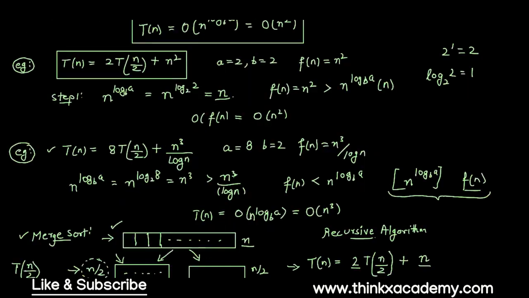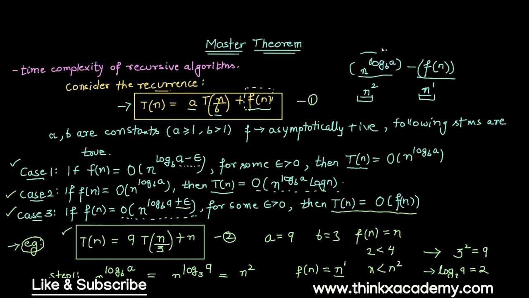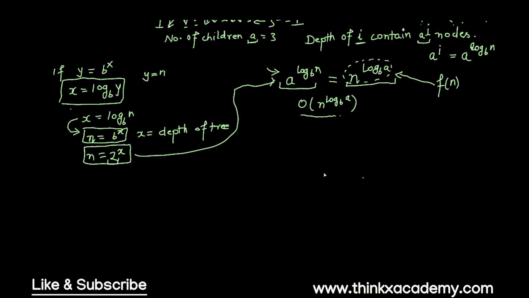You can see that in the whole master theorem, what we were actually doing is comparing this value with the function. We have obtained this value, and we know what it represents: n raised to the power log base b a represents the i nodes, where i represents log base b n.